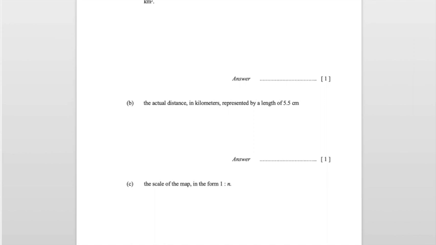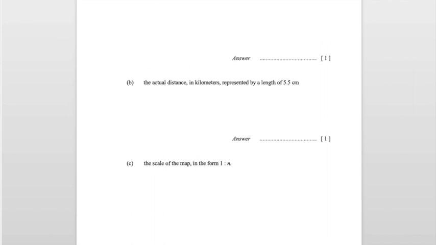Move on to the next sum. This is on scale and maps. We are given that 4 cm square represents an area of 1 km square.